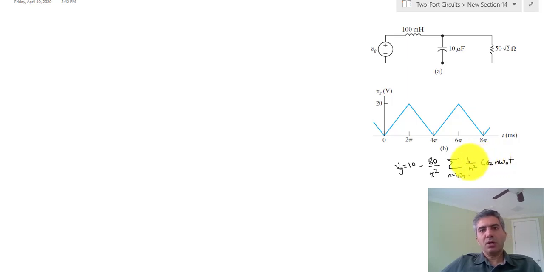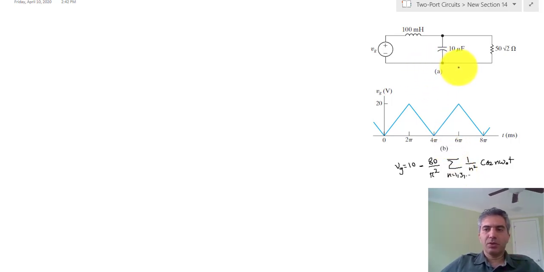So what we can do is use the superposition rule, which basically gives you the option to calculate the response of the circuit to each individual sinusoidal signal, and then once you find the responses to each individual signal, you can add them up, and the output to the combination of these inputs would be the combination of the outputs that you have calculated. So the process is relatively simple.